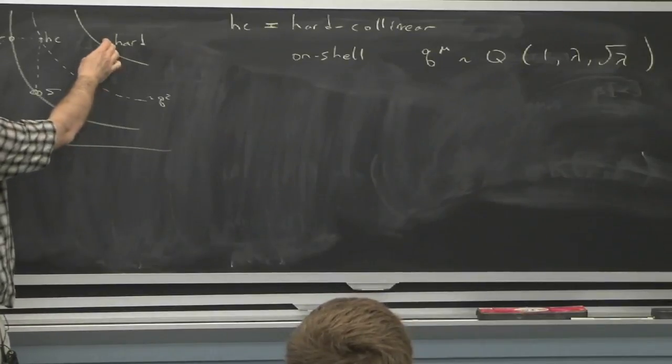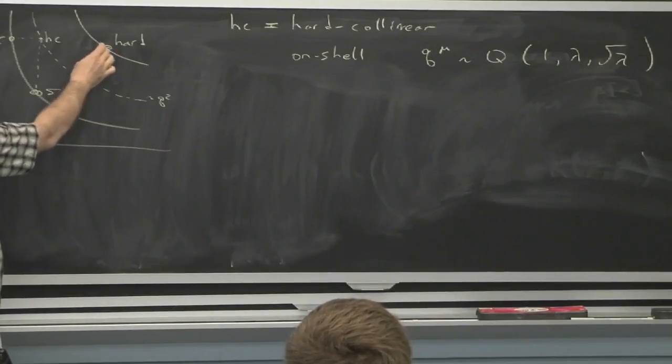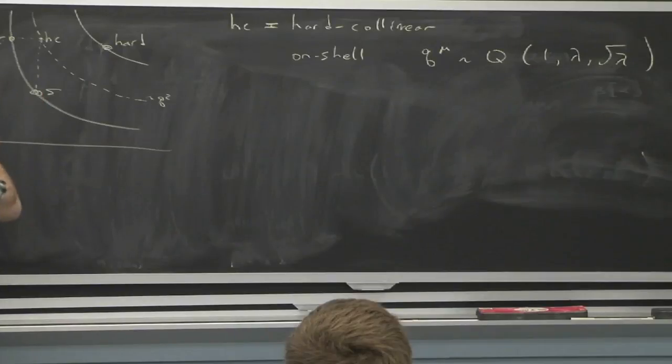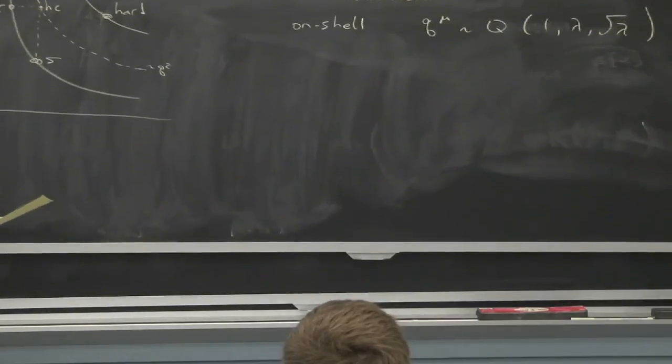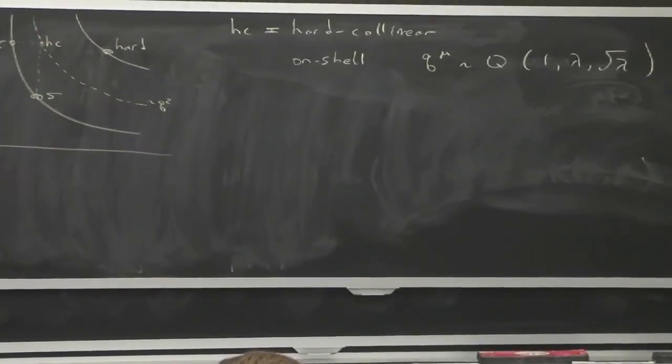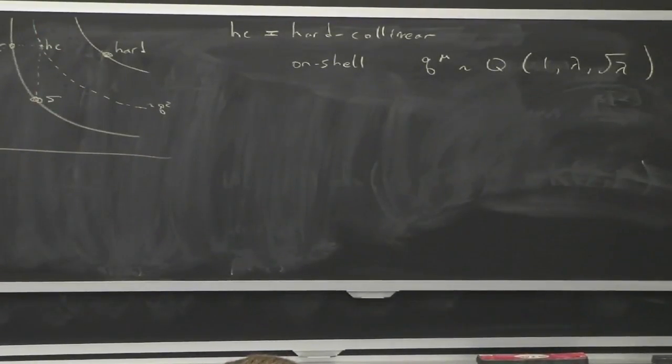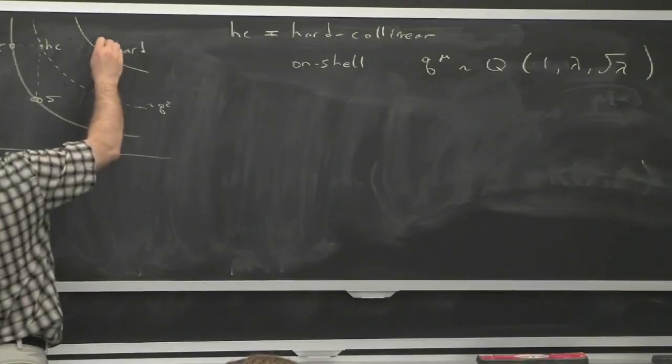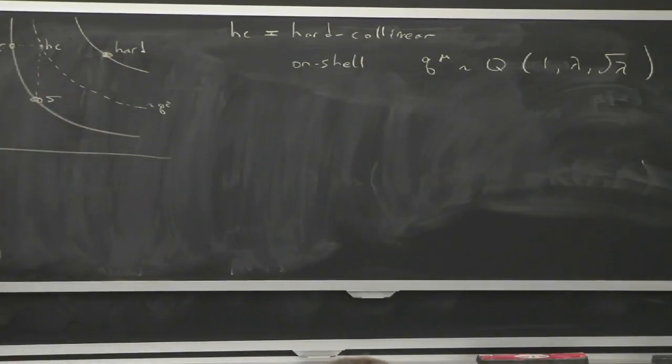One way of approaching this problem would be to first think about doing some matching onto a theory with this hard collinear mode, and then trying to match down onto a theory that just has the collinear and the soft mode. And we'll exploit that a little later. But first, let me do a different thing and just ignore this dashed line and just think about matching directly from QCD onto SCET2, which just has these two degrees of freedom.